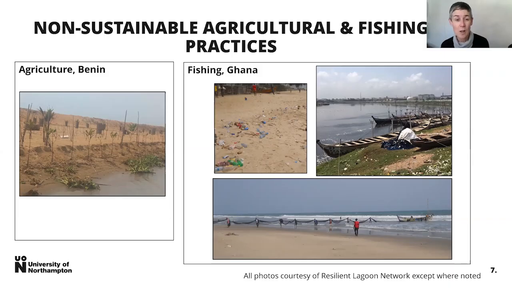And I'm sure you're all familiar with the link between chemical fertilizers and algal blooms. So the chemical fertilizers are finding their way into nearshore environments. There's also biomass clearance for new agricultural land, and that causes problems with soil erosion and sediment in watercourses that finds its way into coastal and nearshore environments.